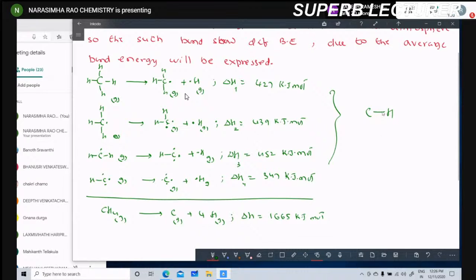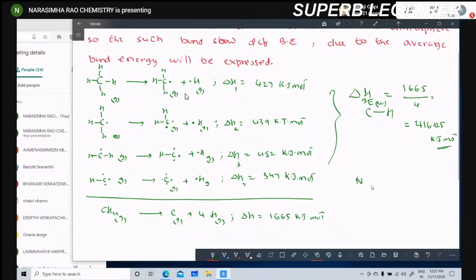Now, the C-H average bond energy is the total 1665 divided by how many bonds break? 4. 1665 by 4 is equal to 416.125 kilojoule per mole.